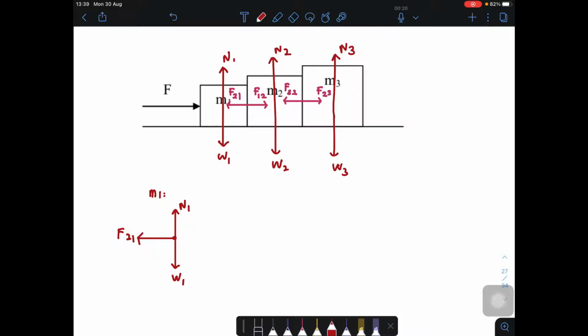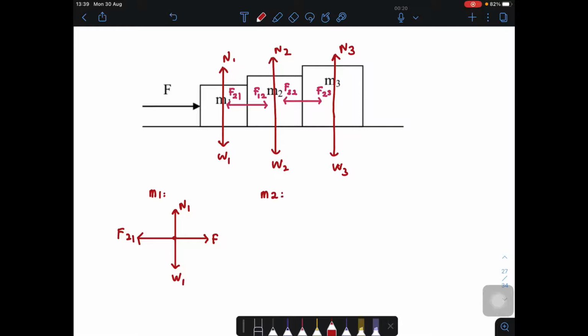And then dia ada satu force, kepada block 1 ni, dan force ni going to the right. I know it's going to be a little bit confusing sebab satu F ni dia berada di sebelah kiri, tetapi tengok direction dia pergi sebelah kanan. So bila lukis FBD dia akan ke kanan dekat sini ya. So that one is for M1.